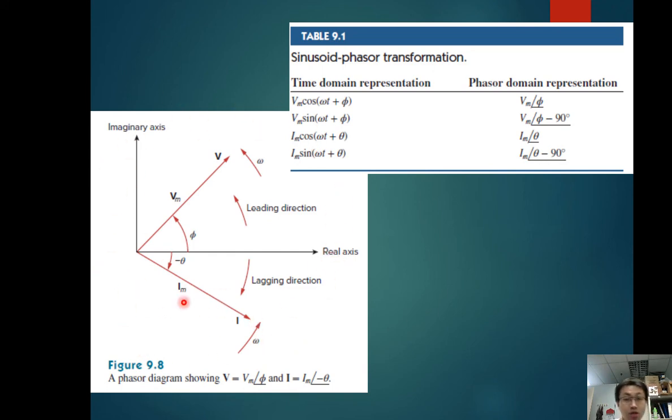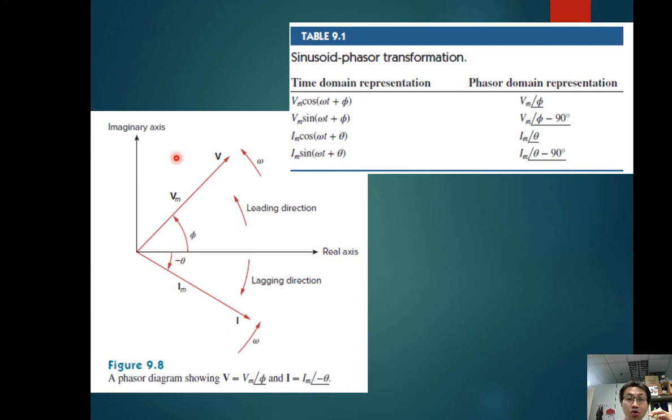So as overall, this is a phasor diagram. So how can we know whether it is a leading direction or lagging direction? The simplest way is we need to stand still and see which one comes first. For example, if, let's say, I stand here at the laser pointer mark, which one will I see first? V, right? I will see the V first. After that, I will see the other one.